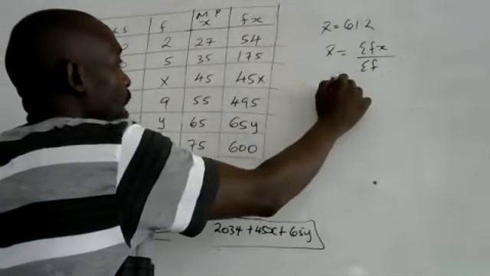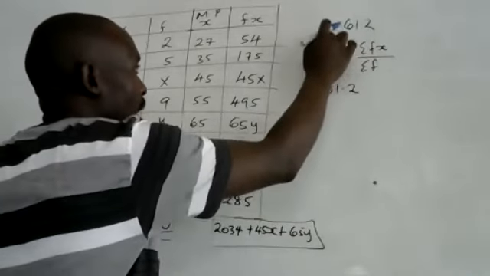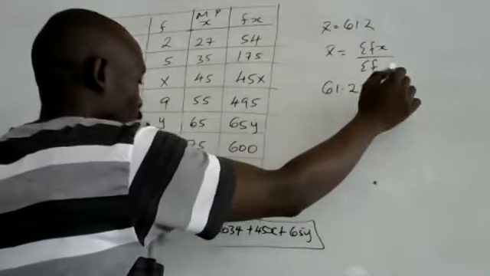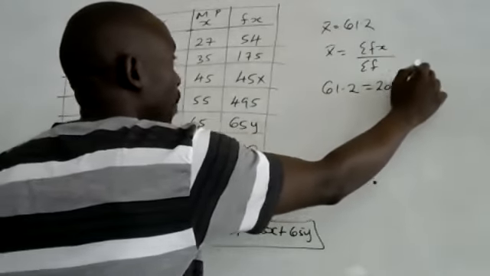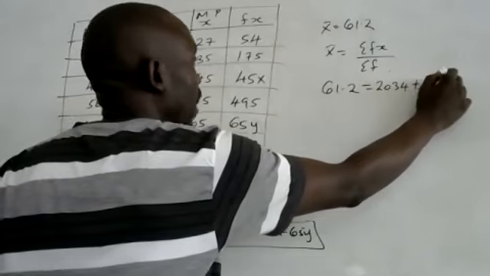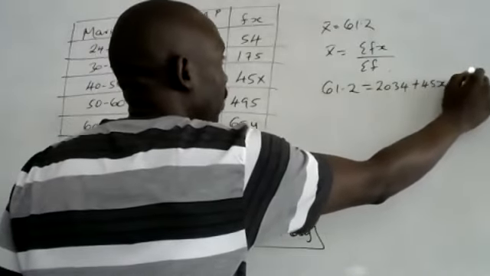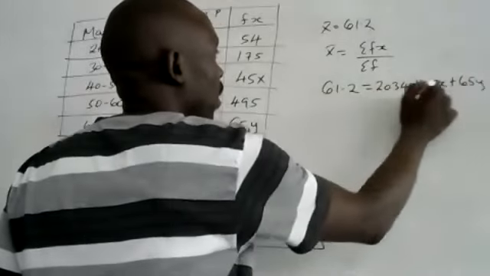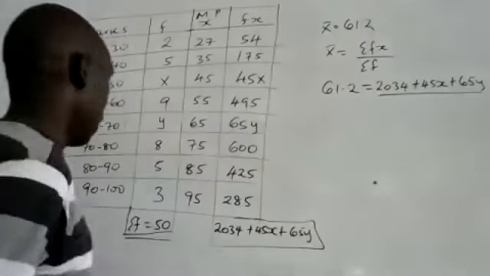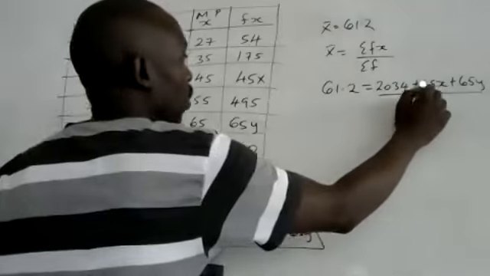Therefore, 61.2, which is our x bar here, should be equal to 2034 plus 45x plus 65y divided by the sum of f, which we know is 50.